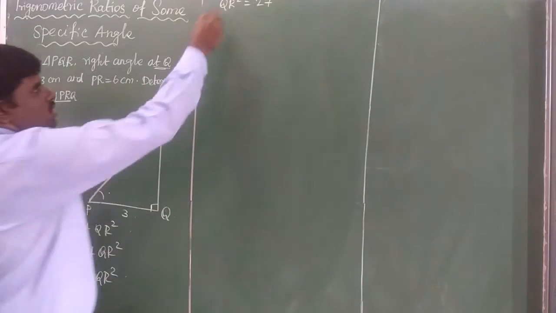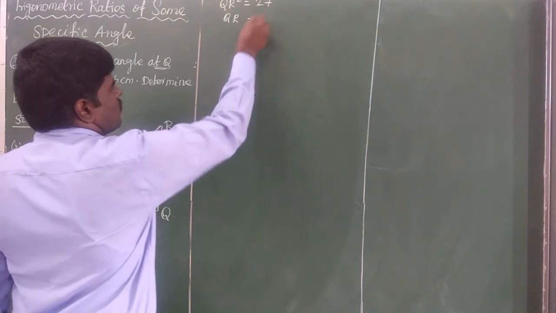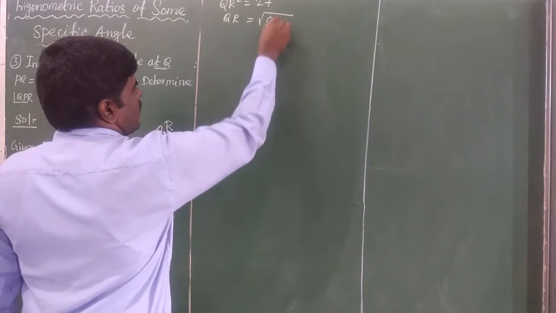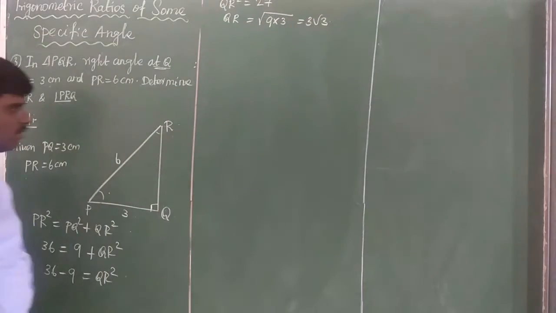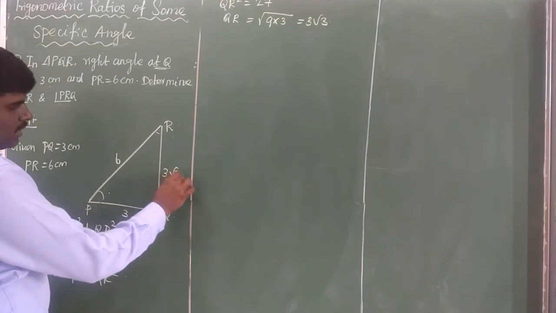I need QR, which is the square root of 27. I will split 27 into 9 times 3, which means QR is equal to 3 root 3.